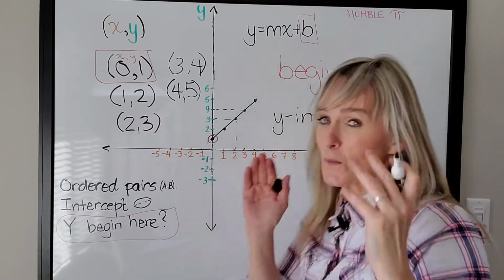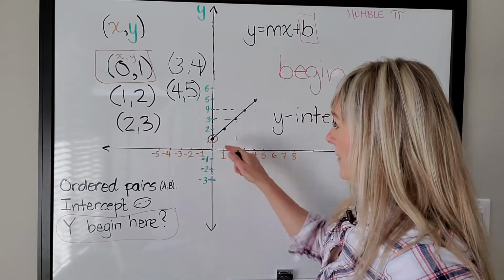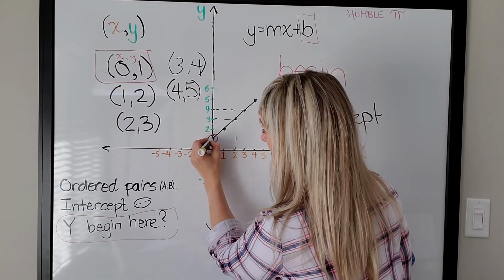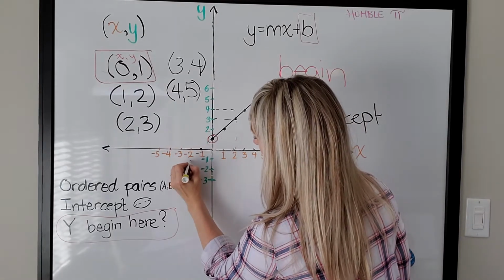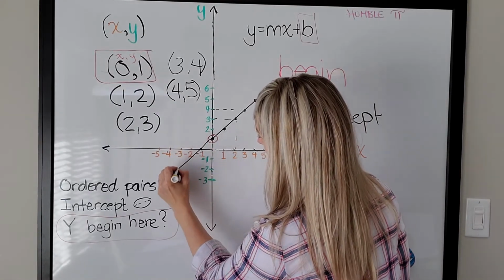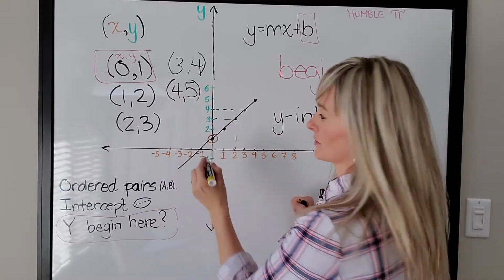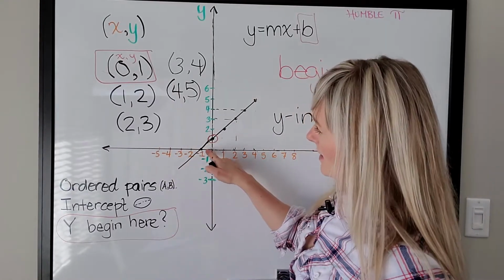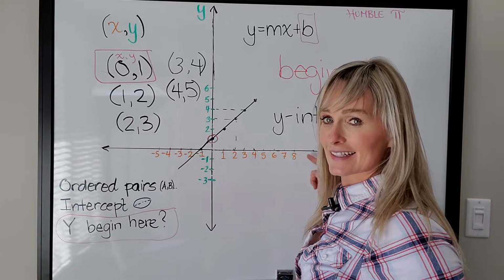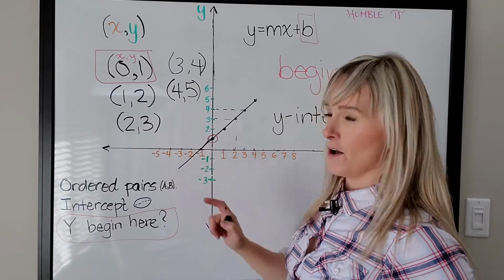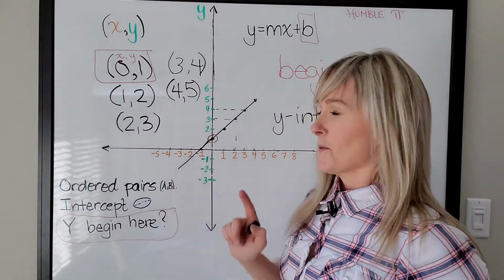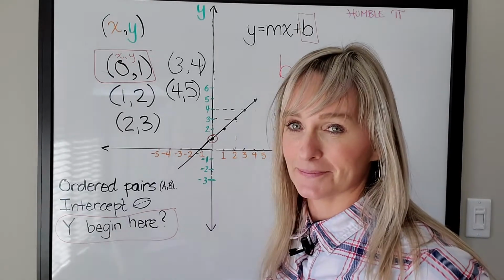So what do you think it is when the line, if it kept going this way, my line got a little crooked there, and it goes now through the x-axis over here, first of all, what do you think that might be called?